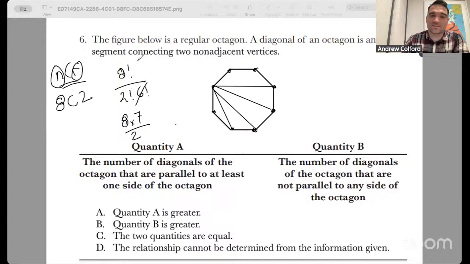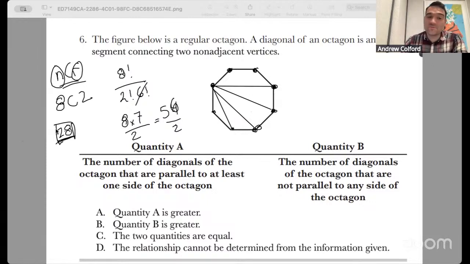Because the 6 cancels out over there. And that's 56 over 2. There we go. You knew something was wrong. And that is 28, right? So there are 28 connections between these 8 vertices.